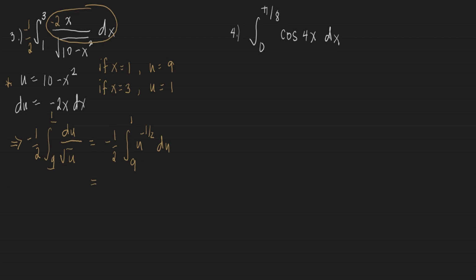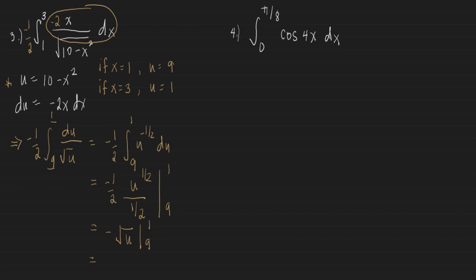So if we perform the power rule, we get negative 1/2 u raised to negative 1/2 plus 1 is u raised to 1/2 over 1/2, and then we evaluate this from 9 to 1. Simplifying, we cancel 1/2, so this will become negative square root of u evaluated from 9 to 1.